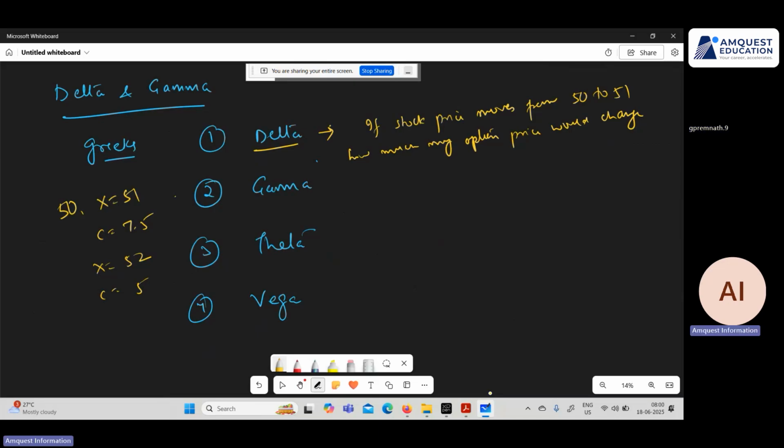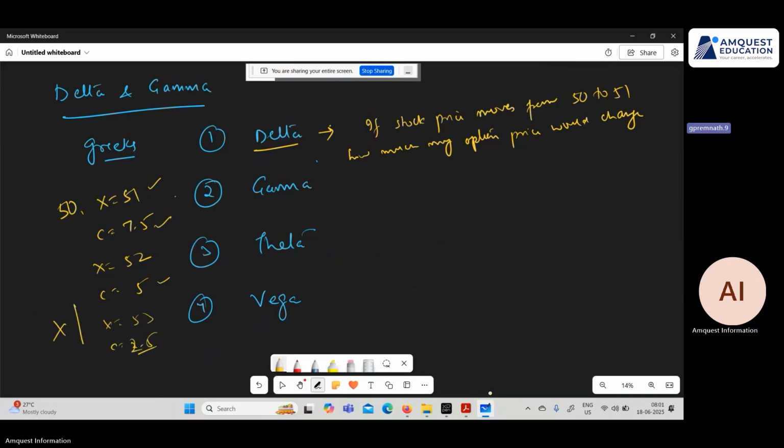I want to understand that if I move one unit more, 50 to 51 or 51 to 52, how much my option price is changing. And let me tell you, the relation is not linear, which means I cannot say that 51 is 7.5, 52 is 5, then for 53 it's 2.5. That's not the case.